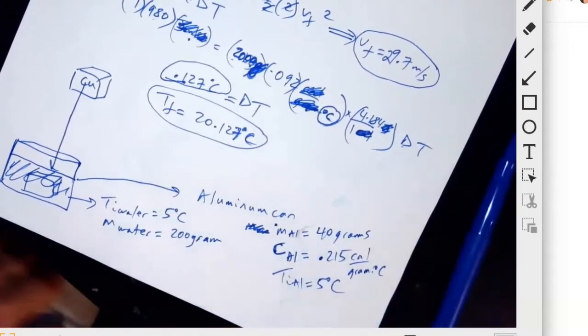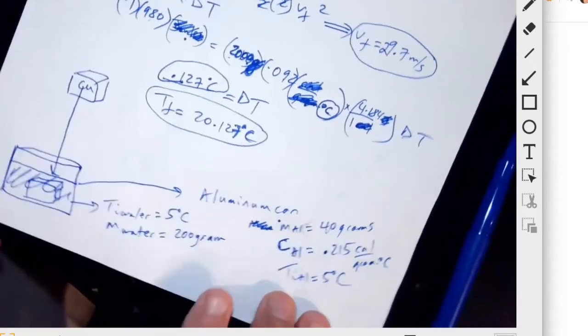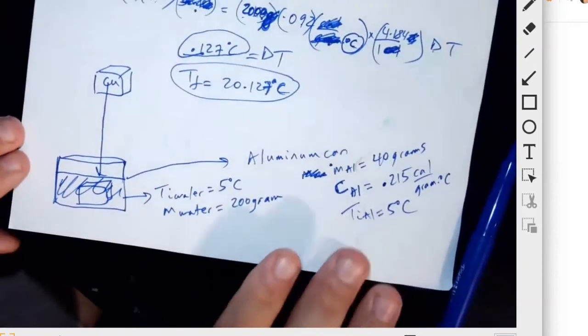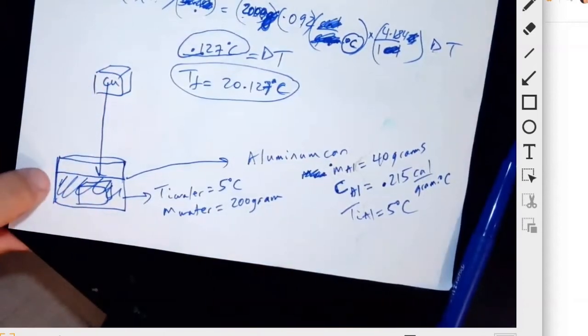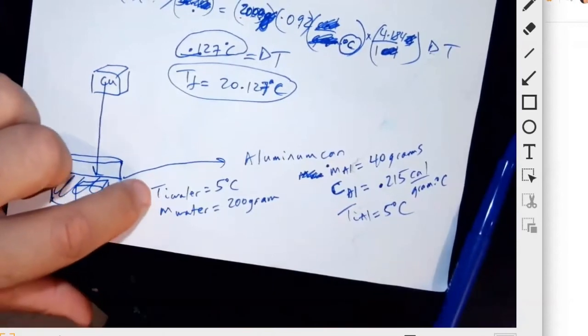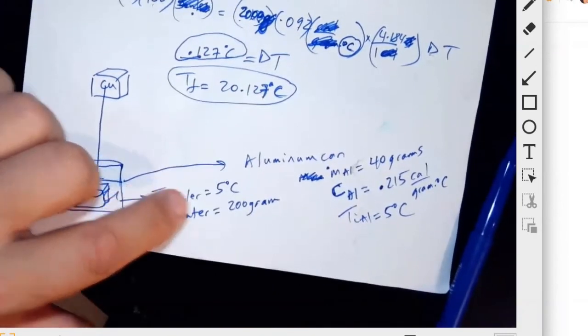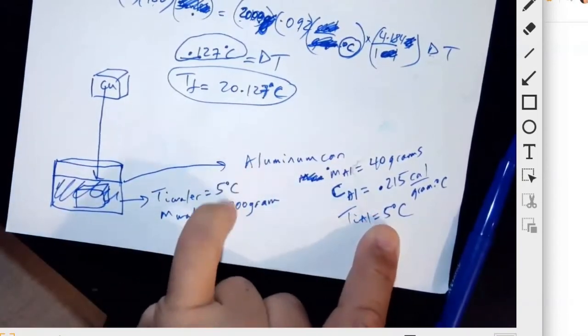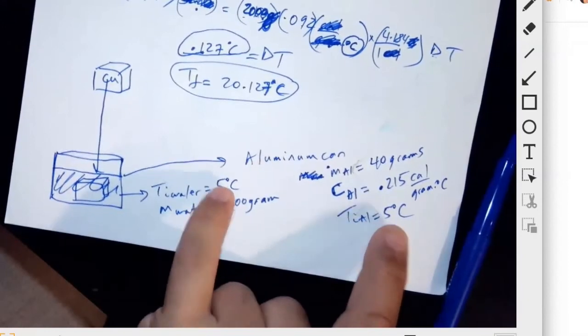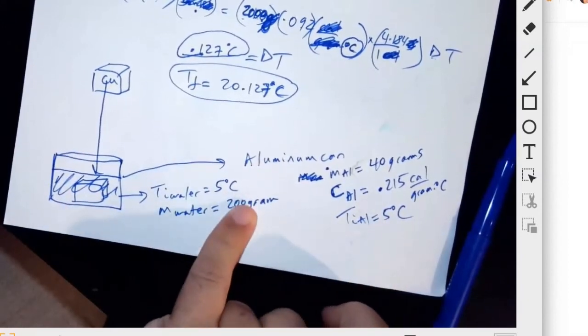Okay, so let's say same problem, but now I'm adding a different part to it. You're dropping the copper block, and over there on the bottom, there's water in thermal equilibrium in an aluminum can. They're both 5 Celsius. The mass of the water is 200 grams.